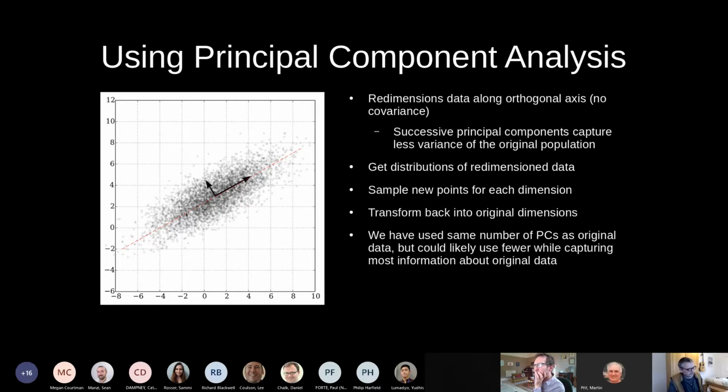Instead of just using a single dimension, we can use two dimensions. We take the mean and standard deviation of this axis as well, and we sample from that population as well. Now we've got two dimensions, and we transform those sample points back into the real world, and hopefully we get something that looks a bit like this scatter diagram here.